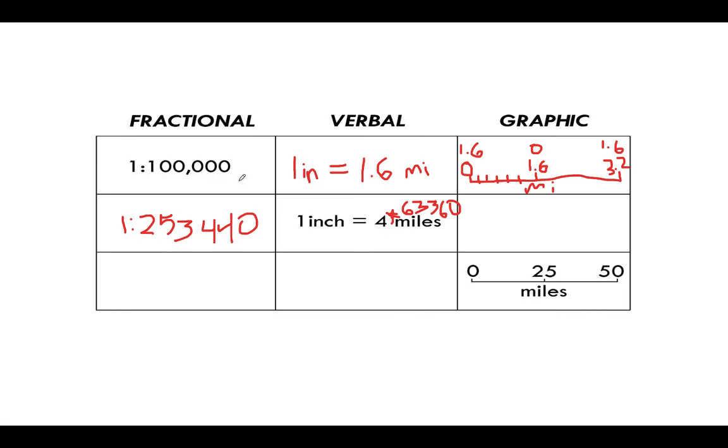We have these consistent numbers that you're working with. We don't see this 1 to 253,440 on USGS maps, but you will see some that are 1 to 250,000. Nice rounder number, and that's roughly 1 inch equals 4 miles, just about around there.